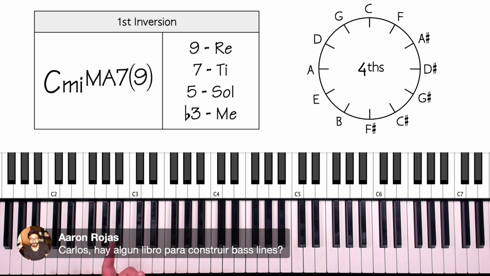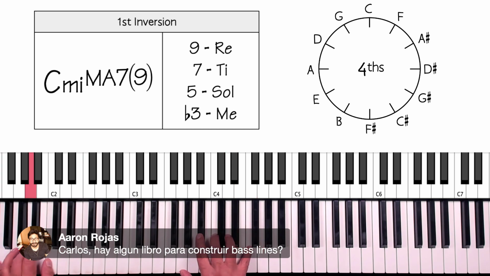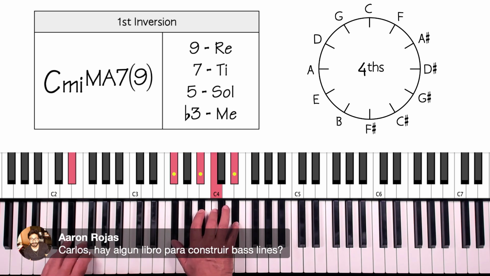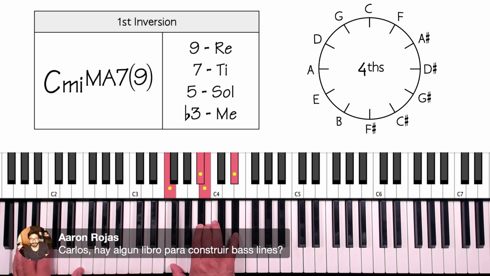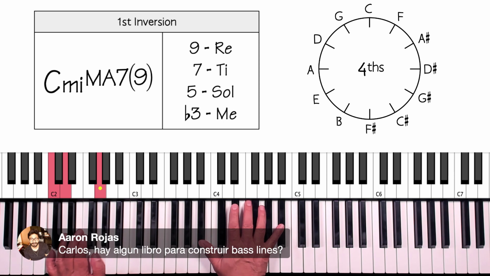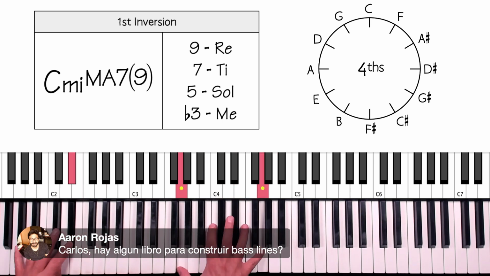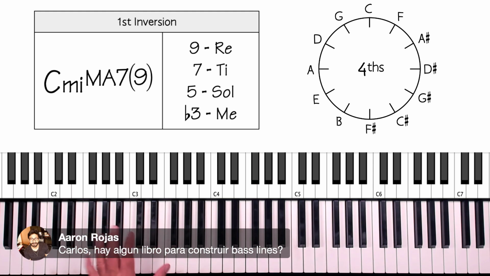Harmonically, we cover a lot of territory. Even if I want to do a salsa bass line, harmonically the considerations are the same.